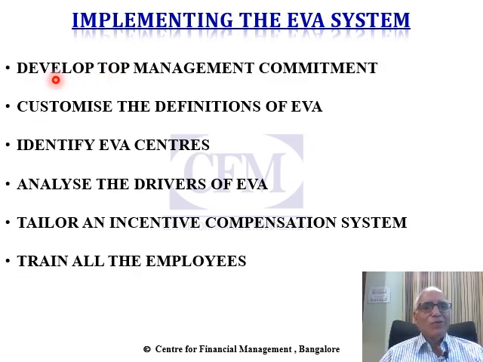1. Develop top management commitment. There must be a senior manager who champions the EVA cause. He must be either the CEO or the CFO. 2. Customize the definitions of EVA. For calculating EVA, certain adjustments are required, and these adjustments will depend on the characteristics of the organization. 3.